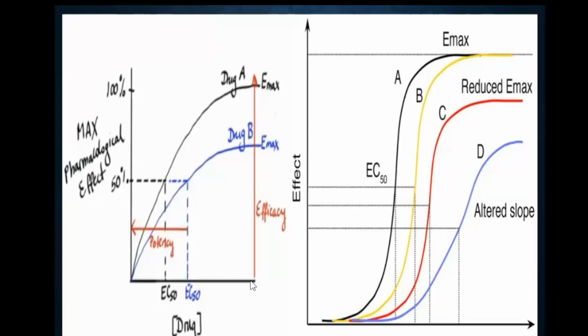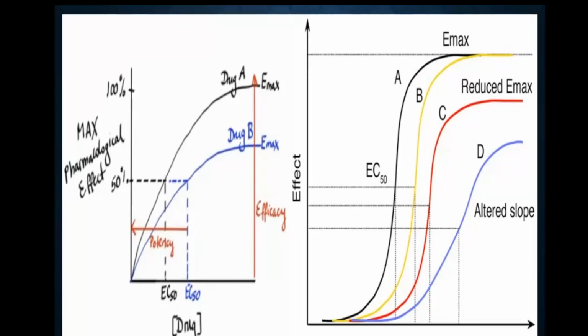At a certain lower dose, it already reaches the 100% maximal pharmacological effect. We have drug B, which is only a partial agonist. Despite increasing the drug dose to the same level as drug A, it can only reach a limited pharmacological effect. The dose needed to reach the EC50 of drug B is higher, so it's a less potent drug.